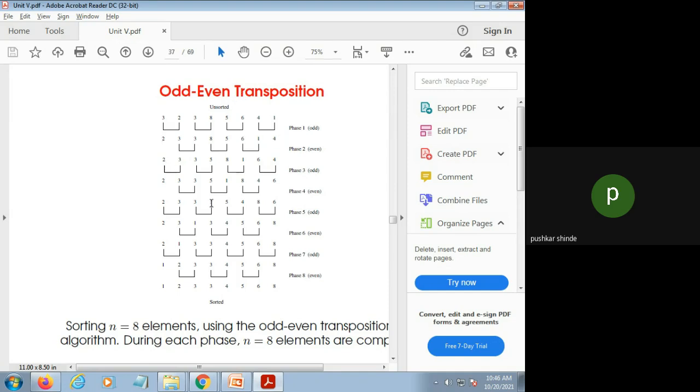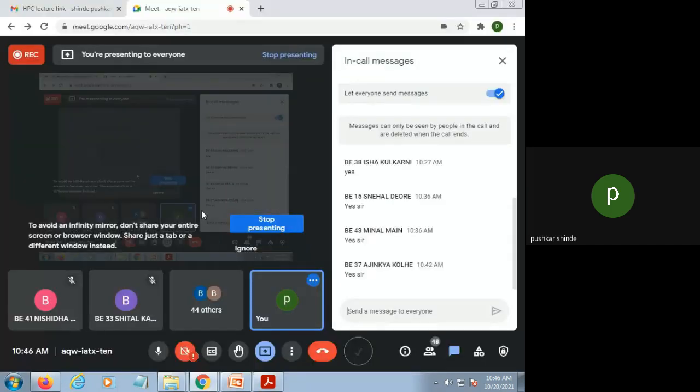In the same way, compare and exchange operations will be done between two consecutive numbers selected as per the odd or even phase. Okay, getting this, students?